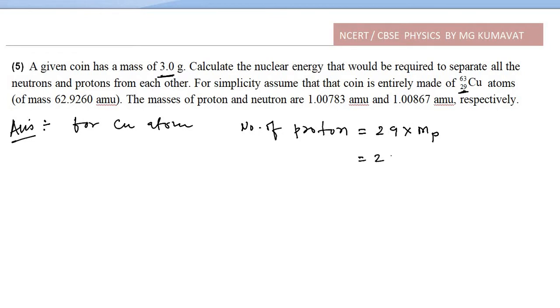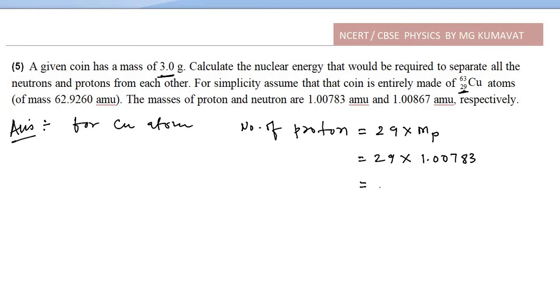So 29 multiplied by the mass of proton, already given to us, that is equal to 1.00783 AMU.